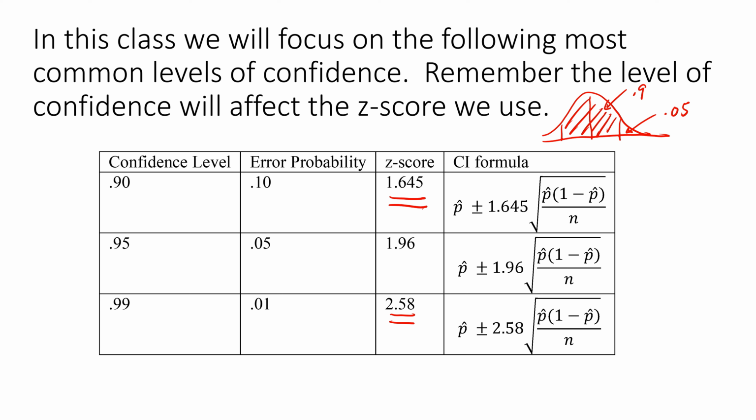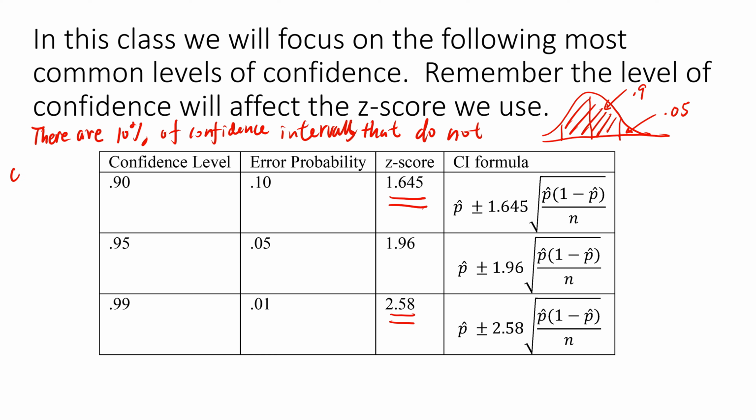If the confidence level is 0.9, then ... and we call this number error probability.